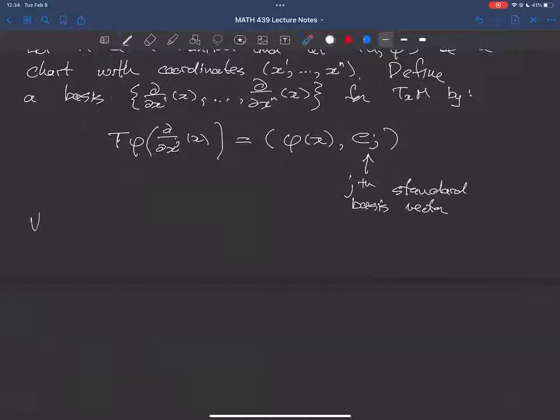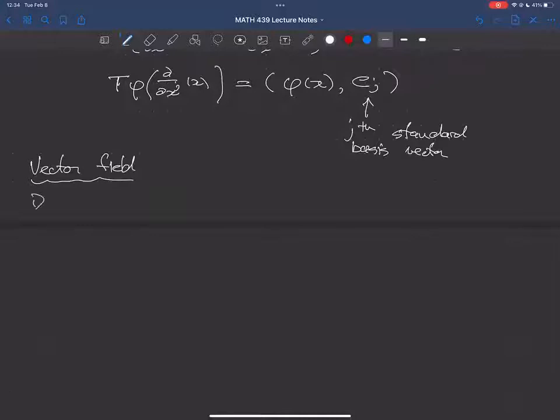Now we're going to talk about an important concept which comes up in multiple different ways, and we'll see some of those as we go along.